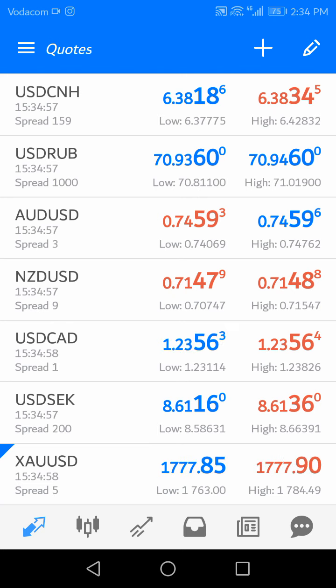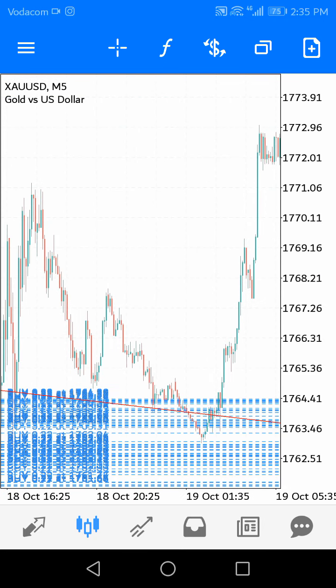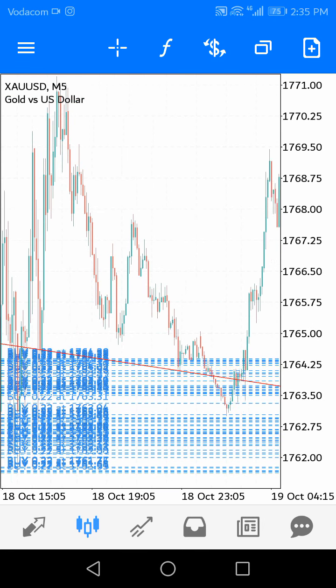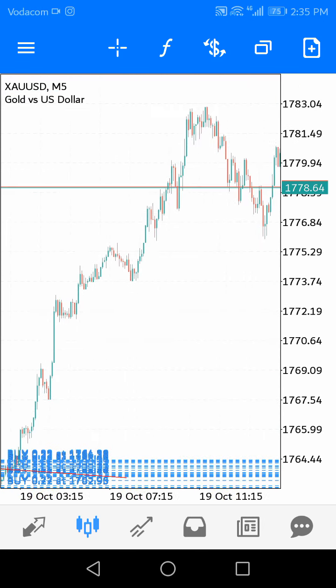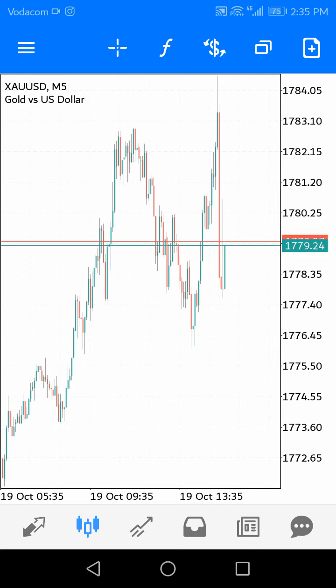I opened this trade sometime yesterday when the price was around 1763 USD for gold. So I'll be showing you and demonstrating how I caught this big move.